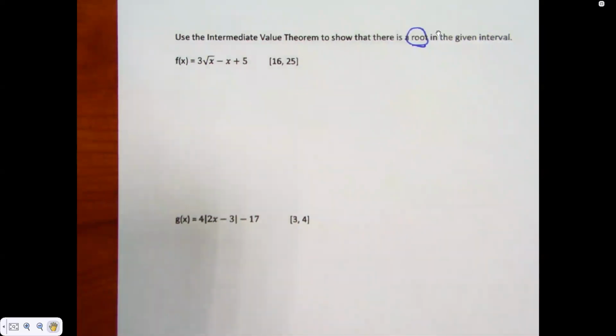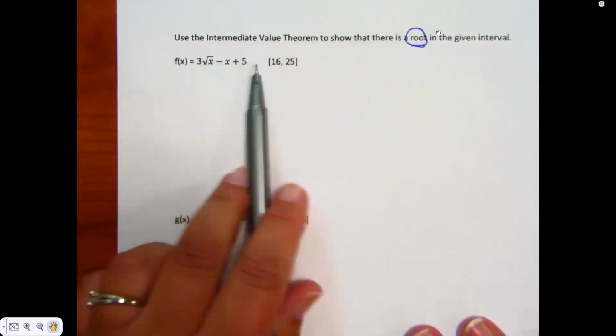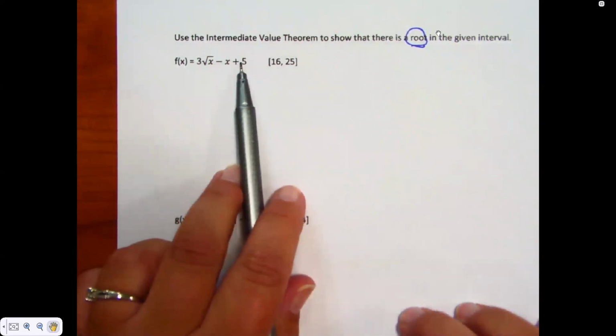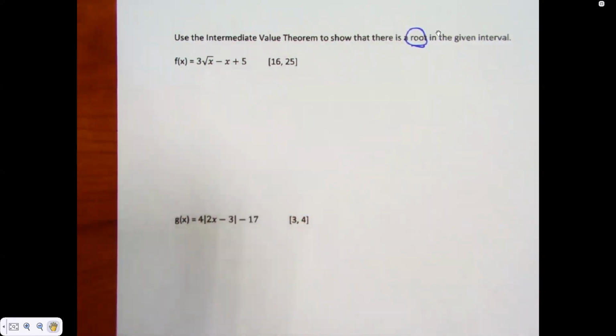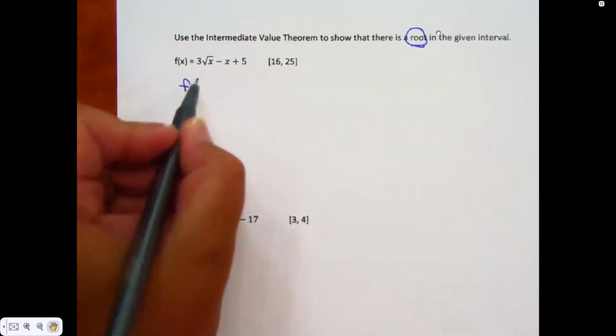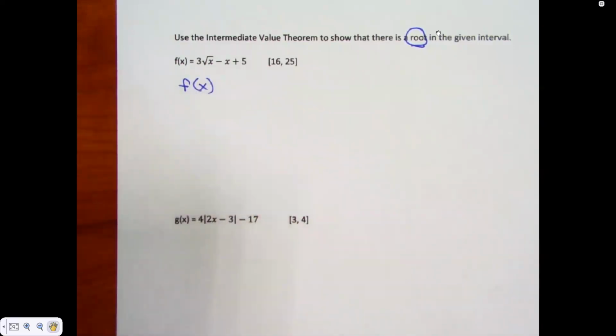The first thing you do is tell me that it is continuous. On your own on the test, there is one of these. And you have to at least say, yes, I am confident f of x is continuous.